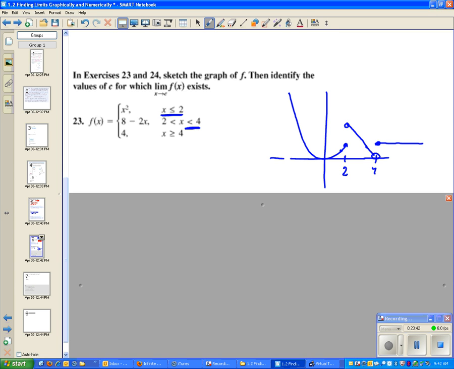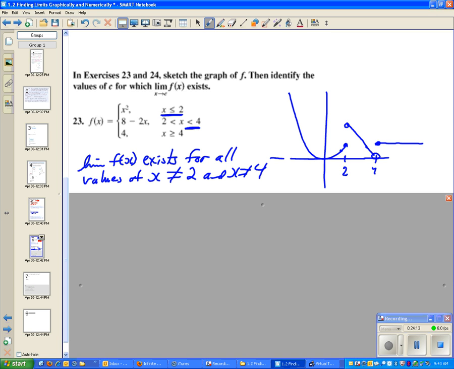As x approaches 2 from the left, we're going to one value. As x approaches 2 from the right, it's going to a different value. So the limit doesn't exist there. Same thing happens at 4, doesn't it? So the limit of f of x exists for all values of x not equal to 2 and not equal to 4.